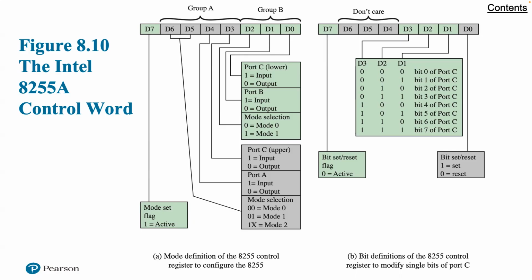The 3 modes are mode 0. This is the basic I/O module mode. The 3 groups of 8 external lines function as 3 8-bit I/O ports. Each port can be designated as an input or output.